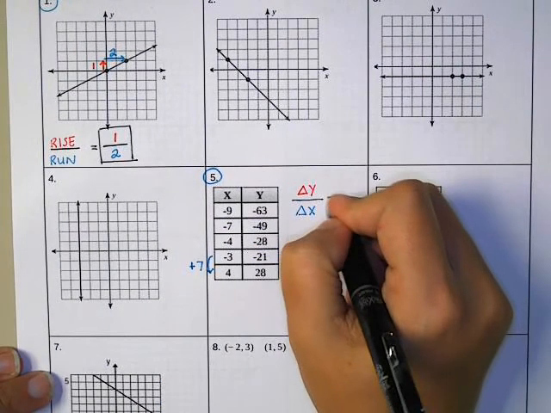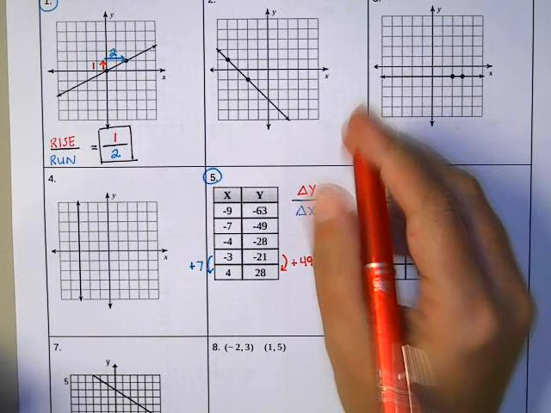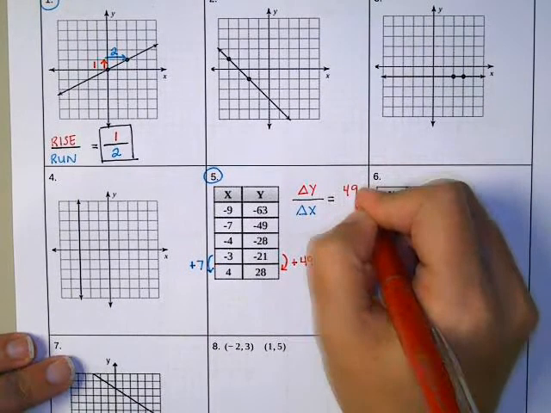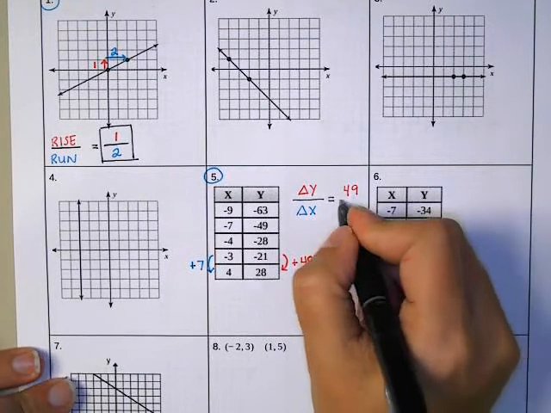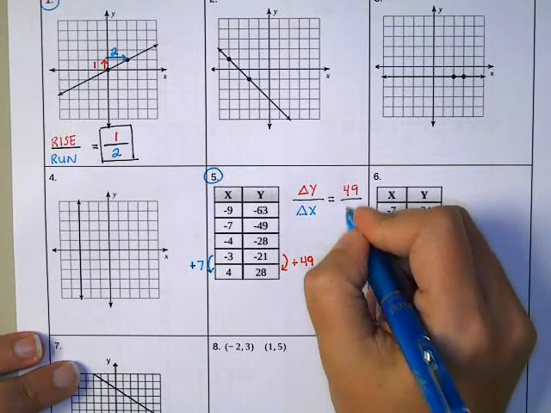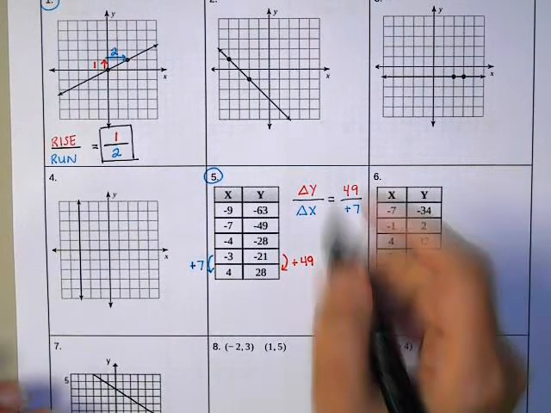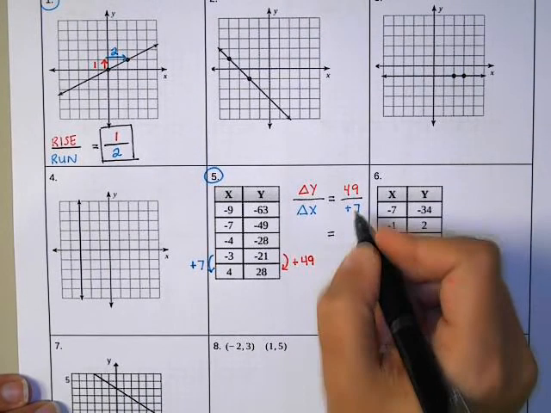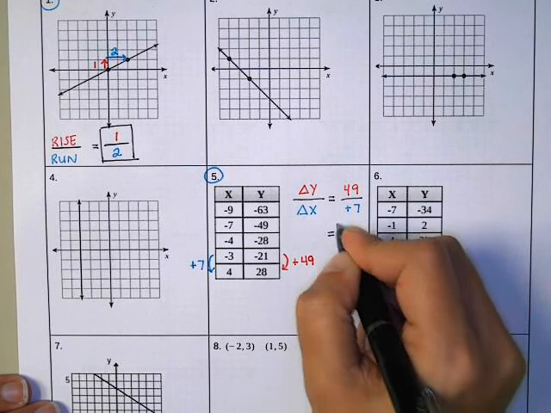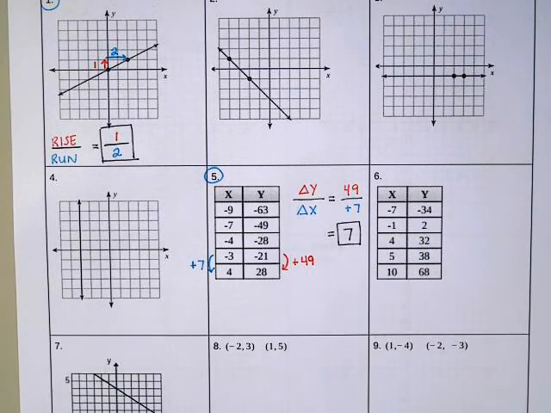So my change in y would be +49, and my change in x would be +7. When I divide those numbers, they do divide nicely. 49 divided by 7 is just 7, and that would be my slope.